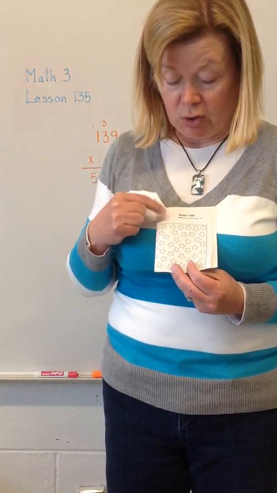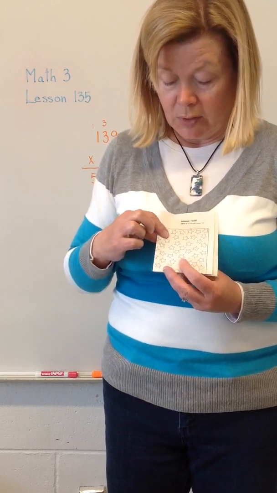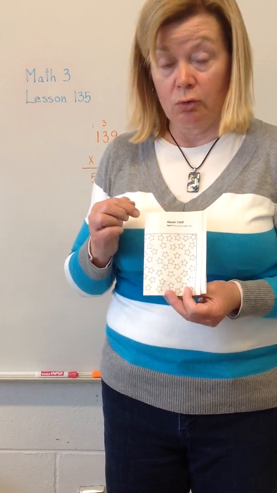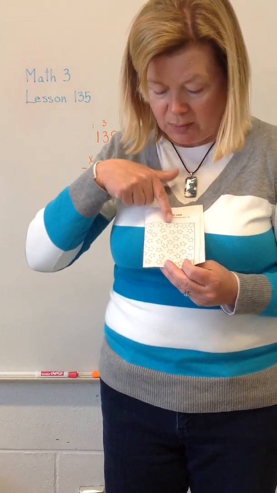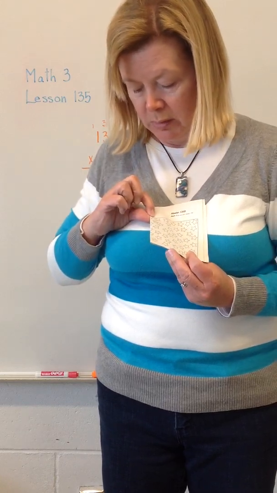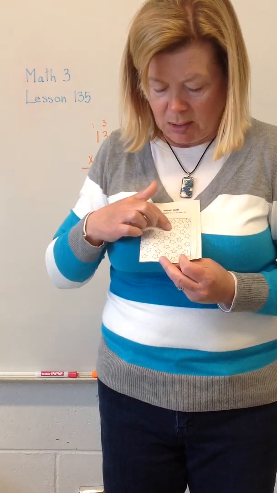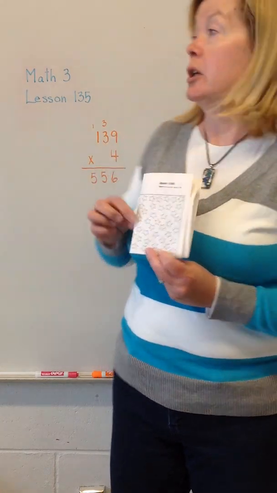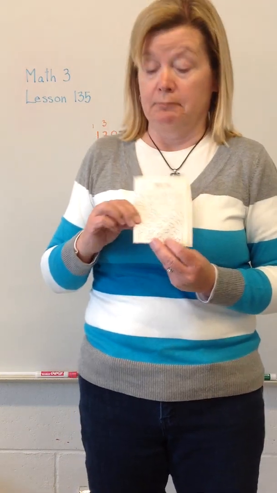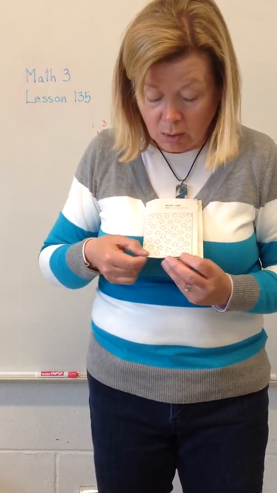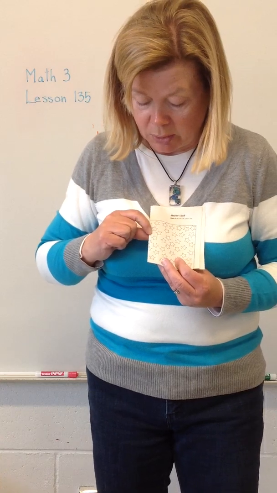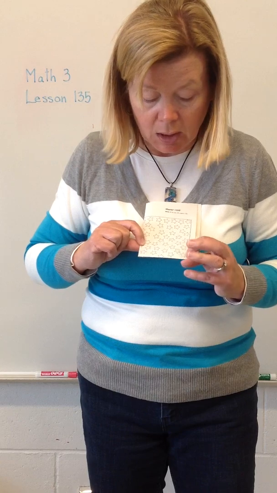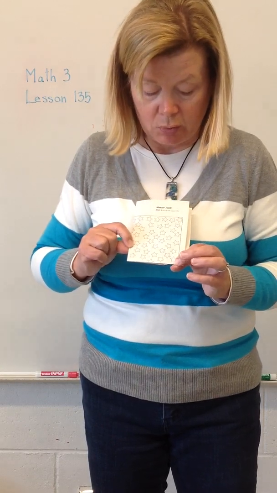And you're going to color the stars that you can see at least half of, and you're going to do them in groups of 10. So I can see 1, 2, 3, 4, 5, 6. No, I don't think that's half. 7, 8, 9, 10. So I'm going to color those in. And then I'm going to keep going. I know that I will not have 139, because these are a lot bigger. So on mine, I would color this in, this one, and this, but not this one here that I have just a point on.